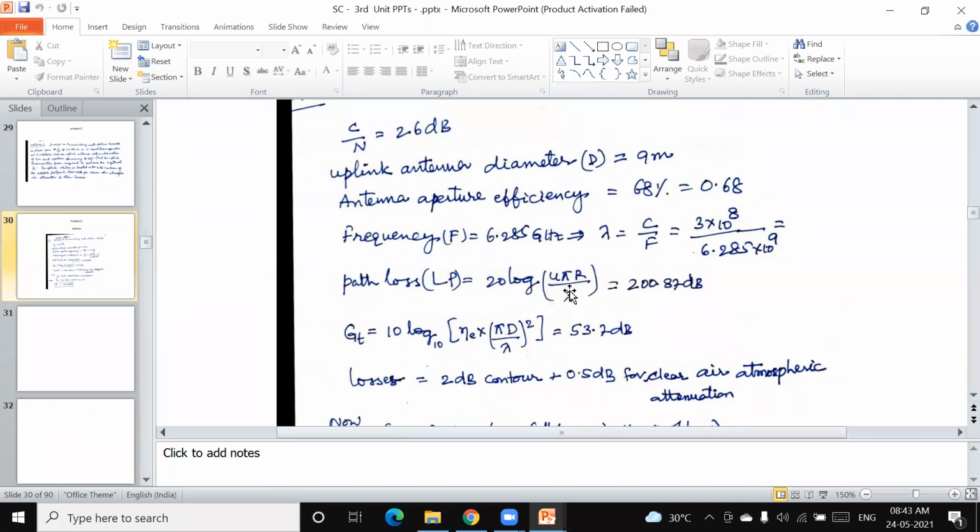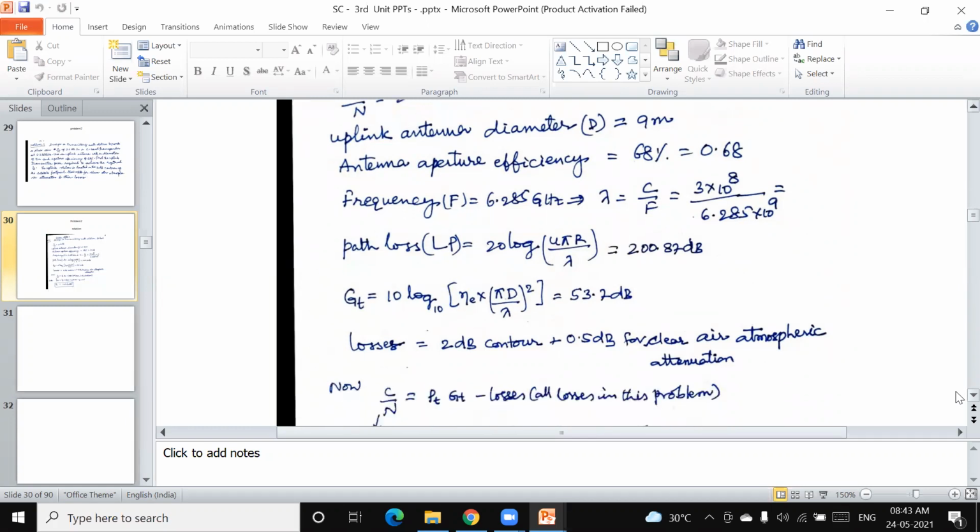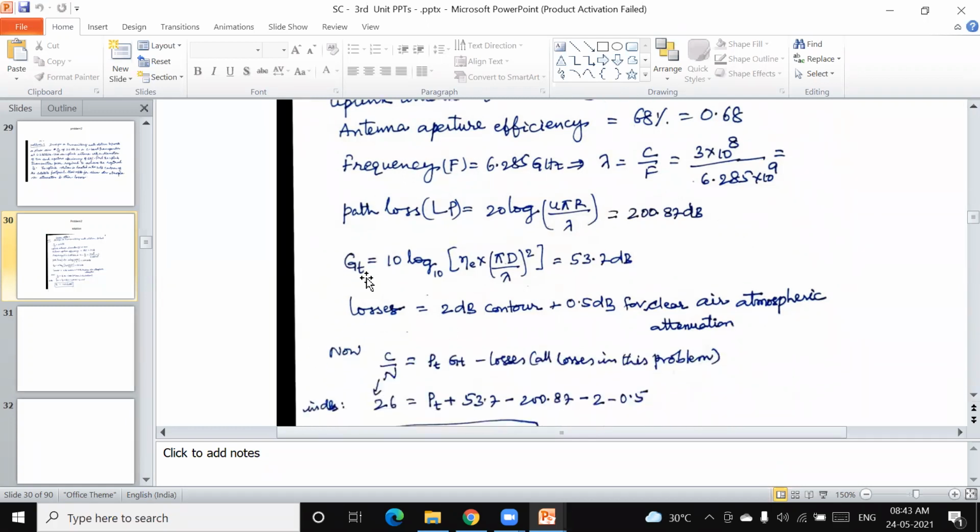Therefore, if you calculate all these things, you are going to get 287 dB. And GT is going to be... this was given, but it is actually not required in the given problem. Here you need to calculate GT, because this is the formula you require for this problem. What is this?